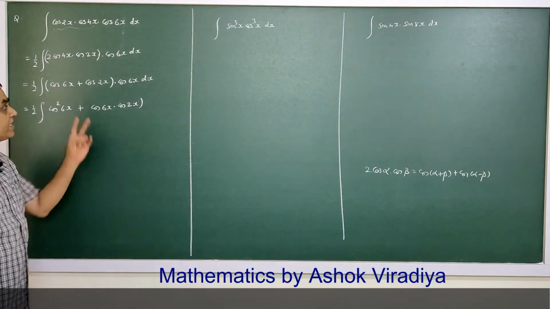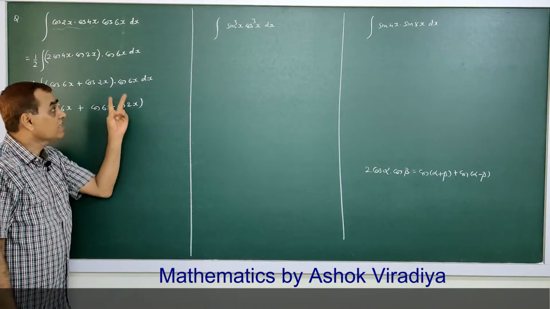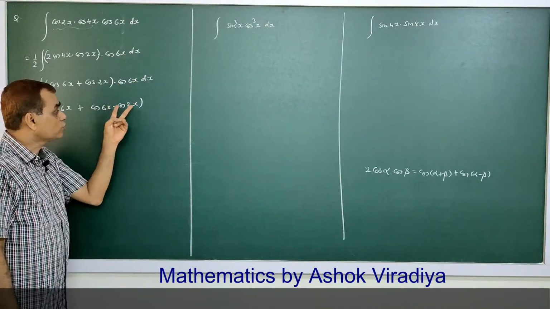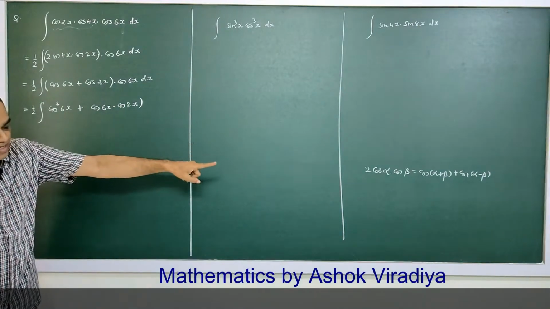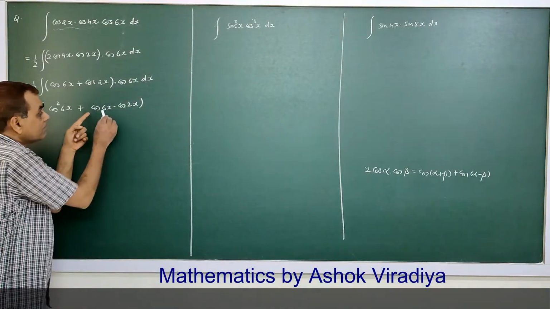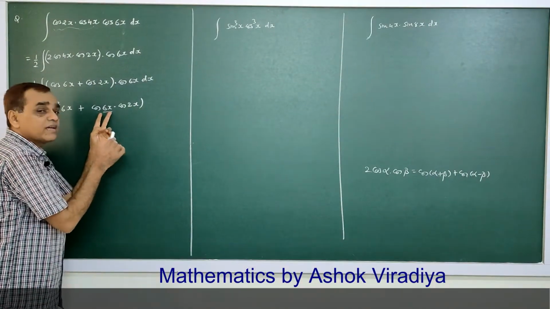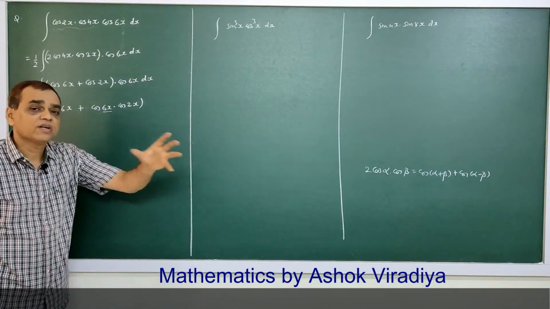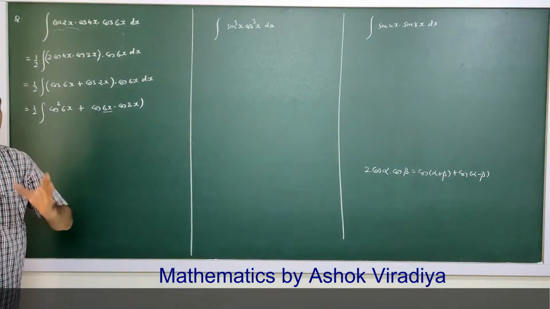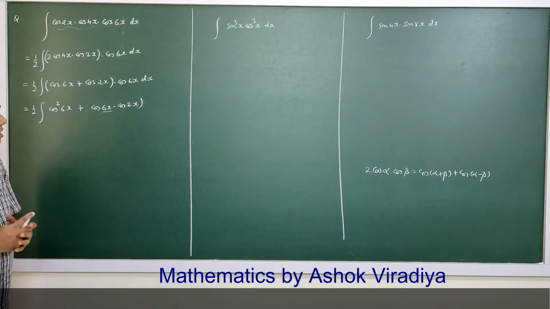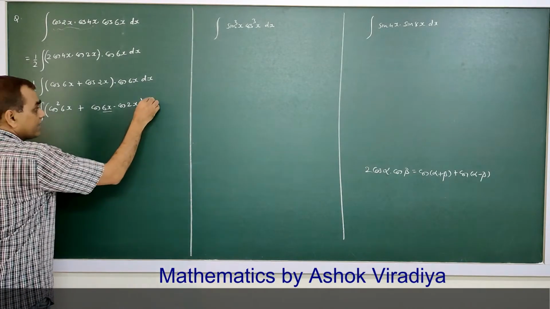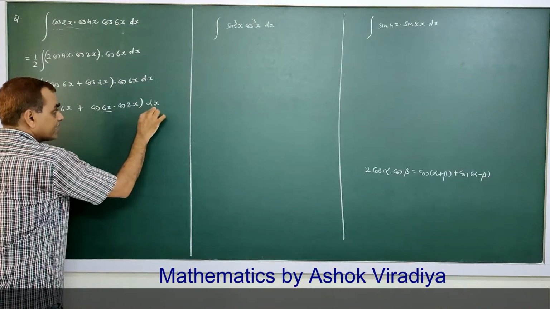I am not putting here cos 2x into cos 6x, but changing the order of the product, cos 6x into cos 2x, because to apply that formula, the first number we should keep greater, so the difference will be positive. That is more convenient in calculation. So put this in bracket, keep here dx. Don't forget dx with every step.